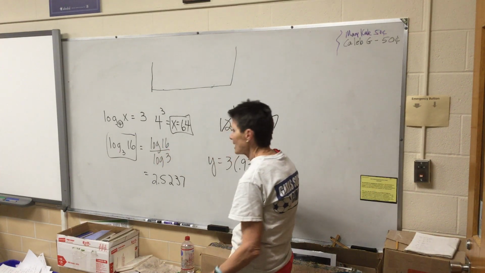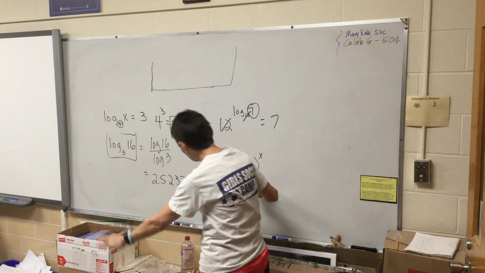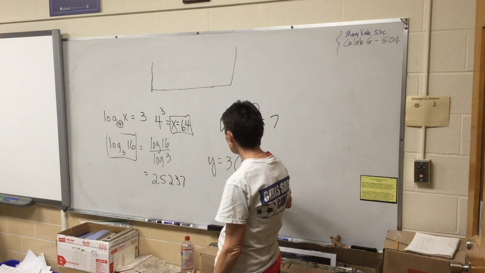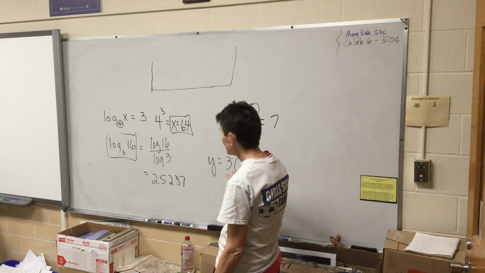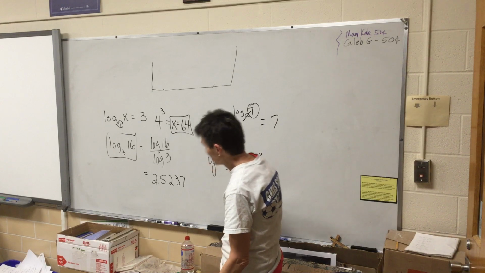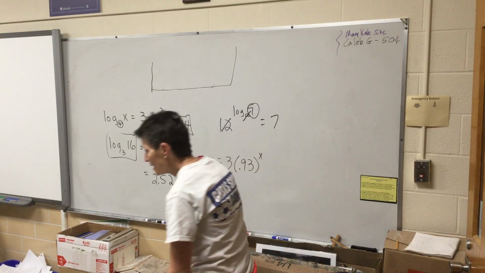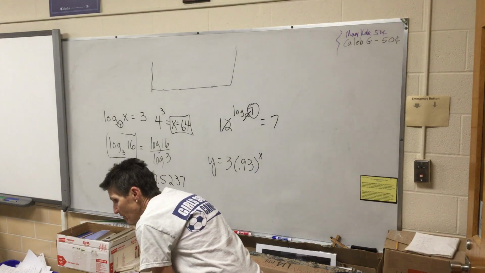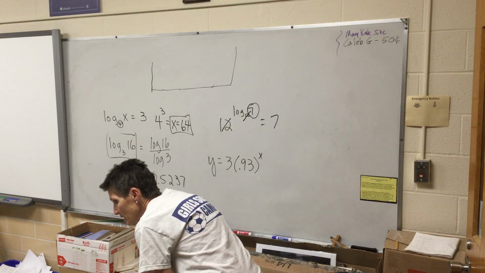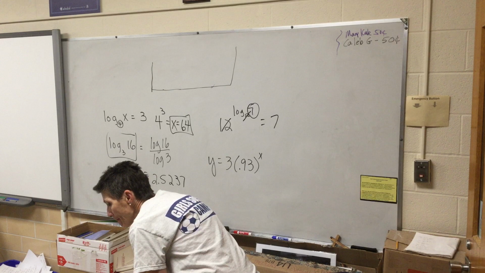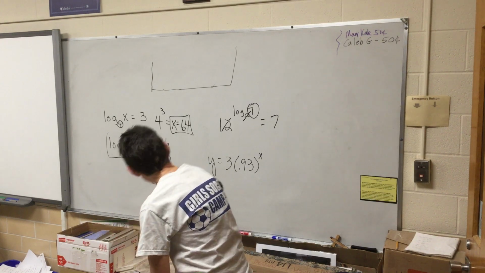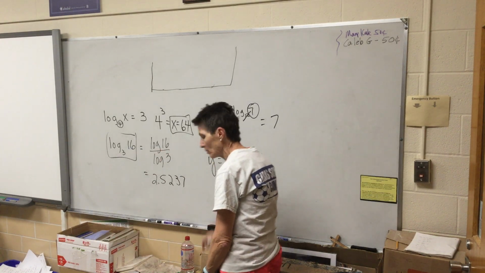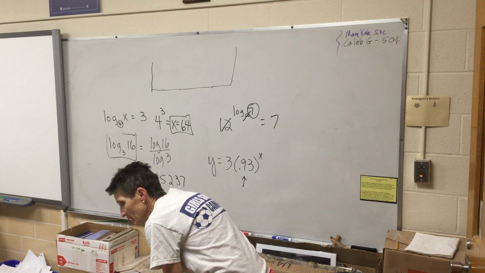And then for this, I just wanted to take us way back to the beginning of the chapter. This is an exponential function. Would you say that this represents an increasing or a decreasing function? Absolutely, it's decreasing because this number is less than 1.